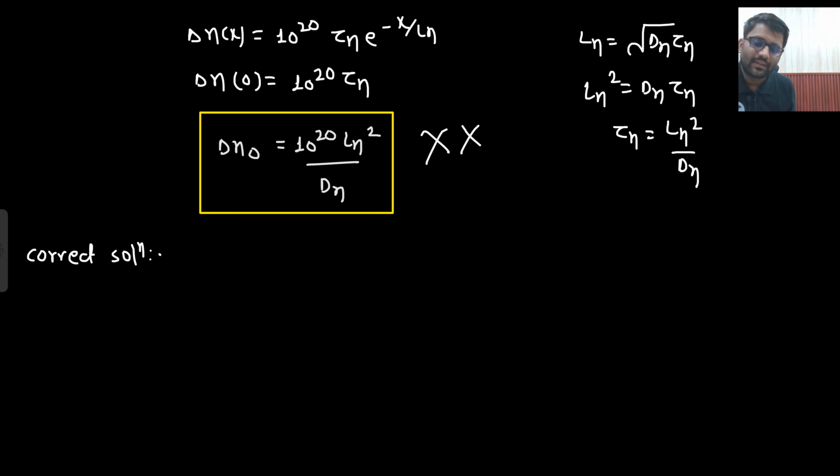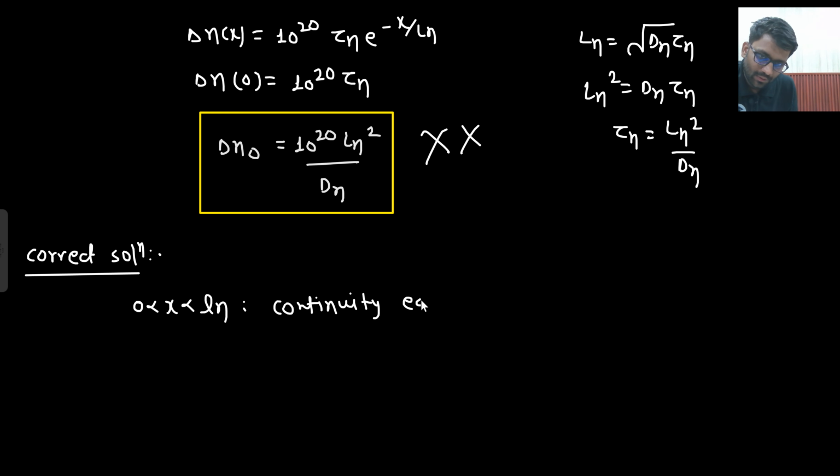So now the only thing I am left with is to apply the continuity equation. So even if I am taking 0 to Ln, I have to apply the continuity equation. So what is your continuity equation? We are talking about minority carrier concentration, which is our electrons.